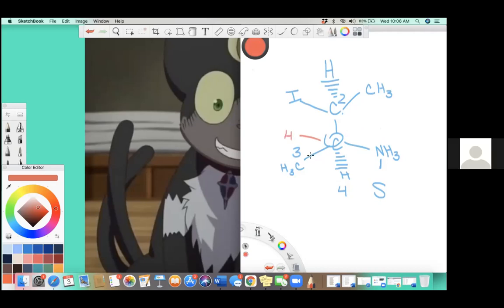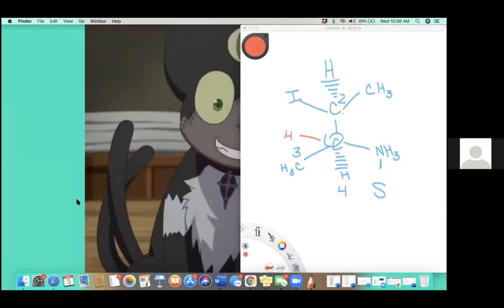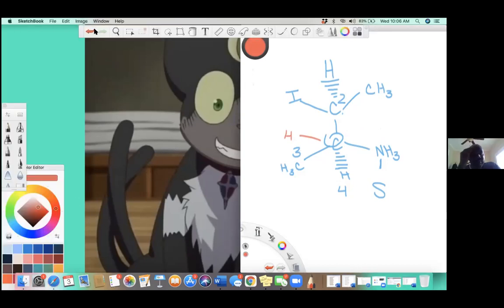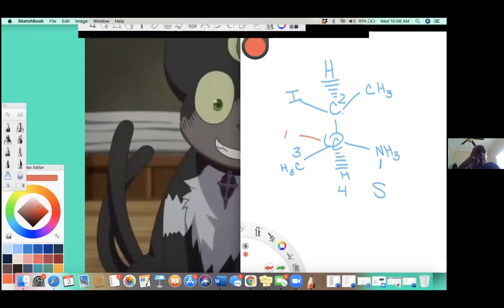It doesn't matter what side it's on, but if it's horizontal, then it wouldn't be S anymore. It'll be R. We're going to talk more about that hopefully on Friday.